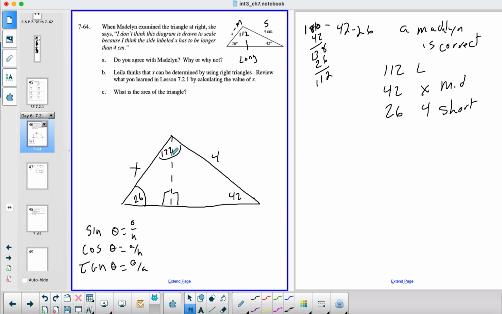I know this line down the middle is not your hypotenuse, but it is your height, so we're going to call that h. If I look here, I have an angle, an opposite, and a hypotenuse.